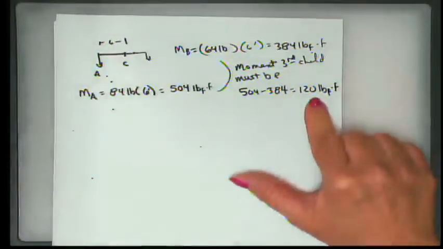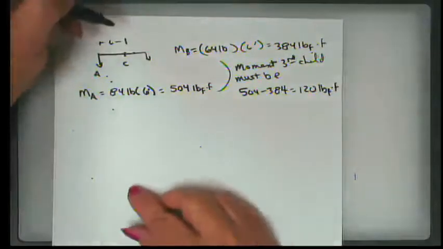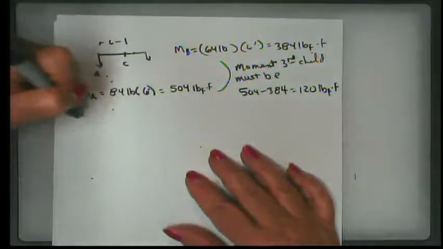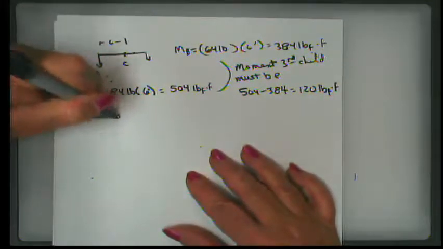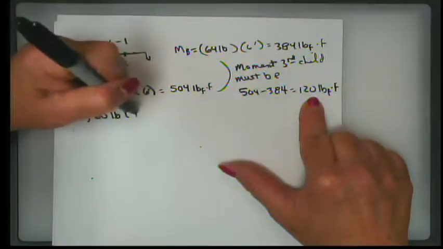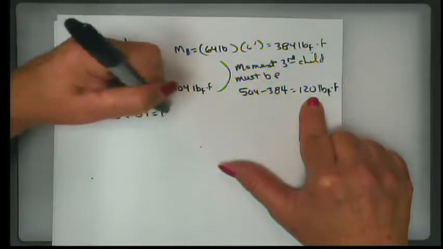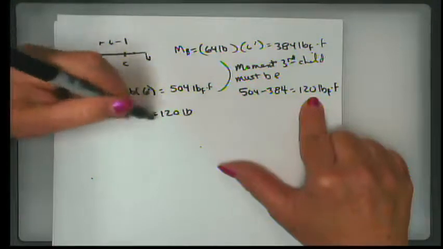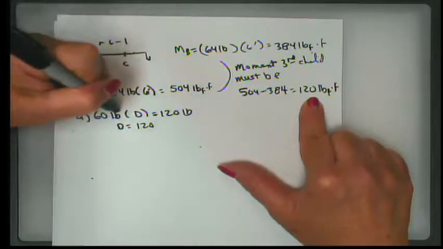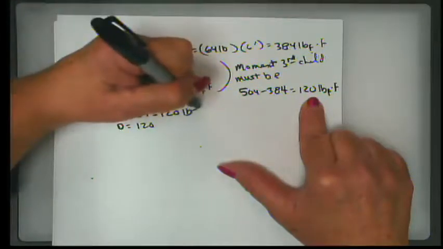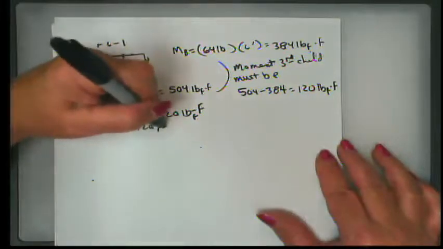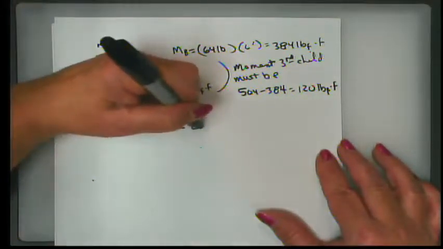Okay? So how do we produce a moment when the child has a fixed weight? Well, first of all, the first kid has a weight of 60 pounds. We have to create a distance that's going to give us a moment of 120 foot-pounds. So D is going to be 120 over 60, which is 2 feet.